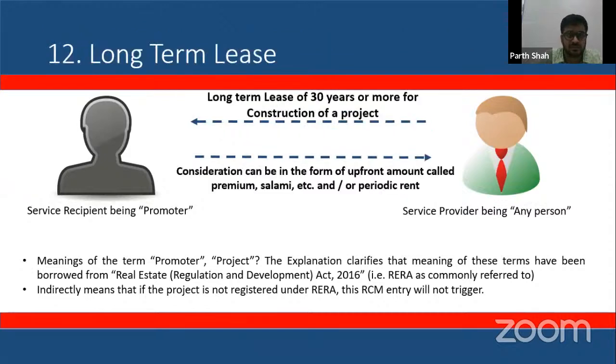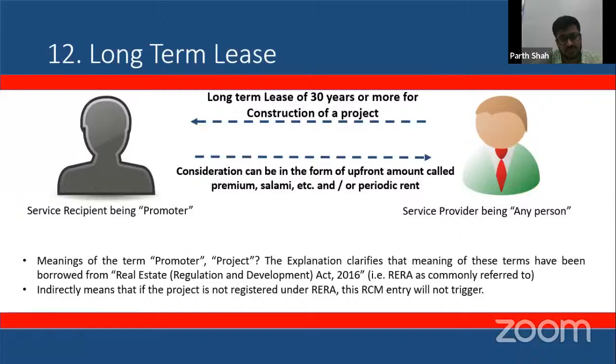Next, on similar lines, if a property is given for a long-term lease, that is for 30 years or more, for a construction project, and the service recipient pays a consideration in the form of an upfront premium, salami or token or periodic rent, then in all those cases also, the person who is paying the rent or the premium upfront is required to pay tax under reverse charge if they classify as promoter.